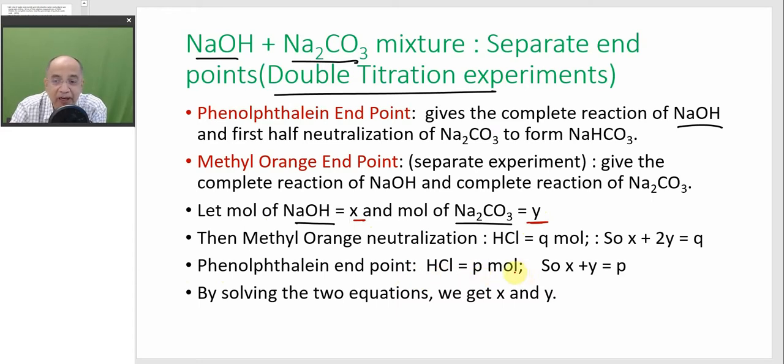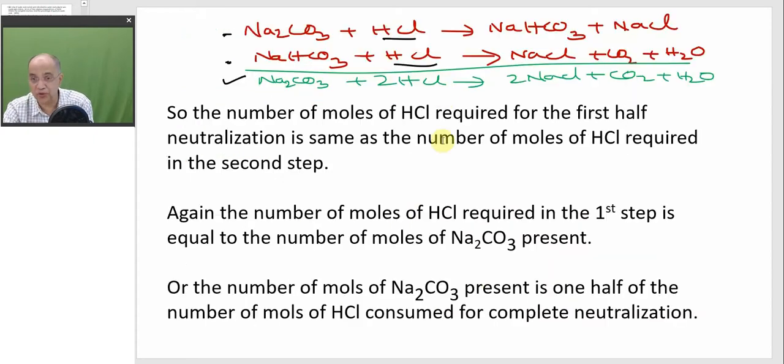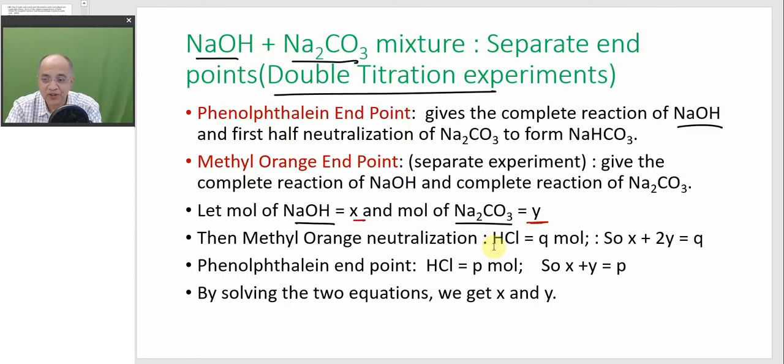So what is P? I told you that the number of moles of HCl consumed in the first half titration is the same as the number of moles of sodium carbonate. So that titer value, converted to moles or millimoles, Q for example. In phenolphthalein indicator, first let us discuss that.